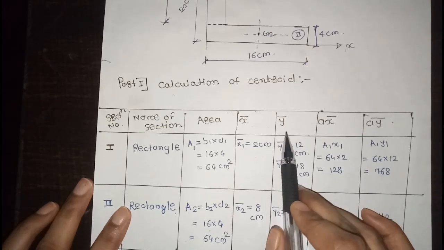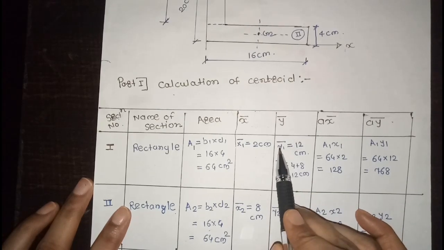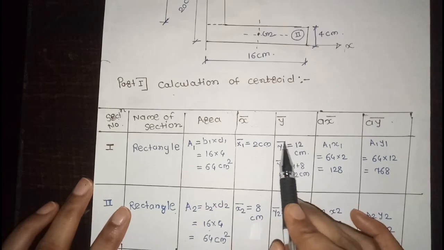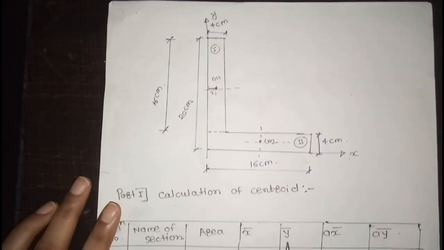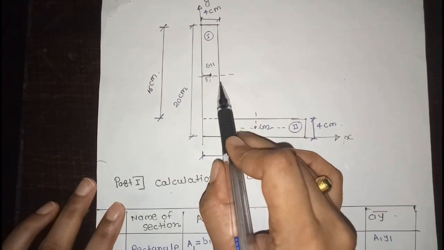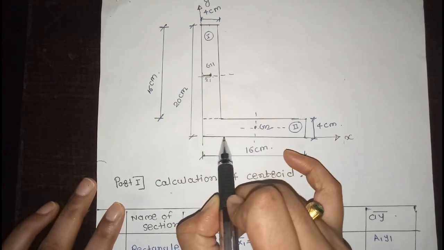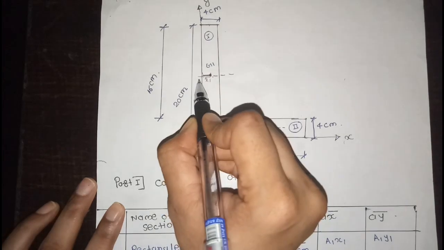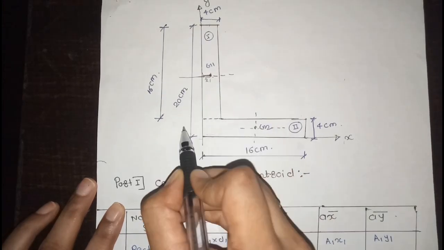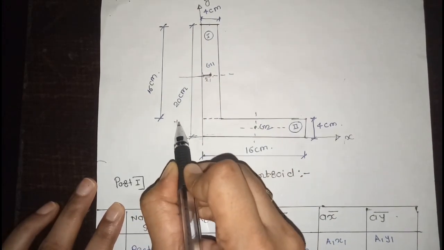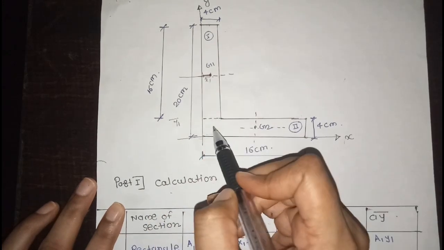So x1 bar is equal to 2 centimeter. Then calculate y bar. So y1 bar means y bar of first section. Distance between point G1 to base of x-axis means y1 bar. This is the y1 bar distance.